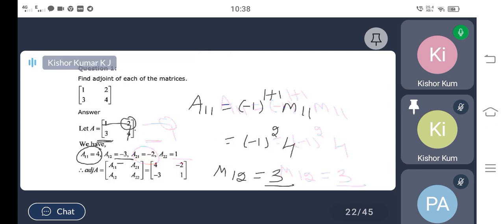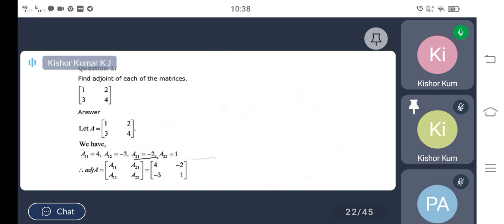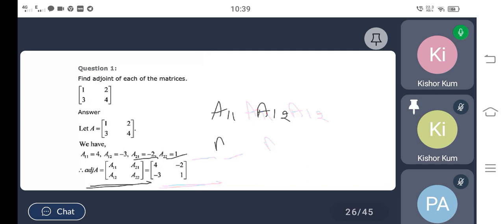Similarly, A21 is minus 2, and A22 the other one. The adjoint of any matrix will be found by taking the transpose of the cofactors. So basically, if you have the cofactors, you will write them in the form A11, A12, A21, A22.